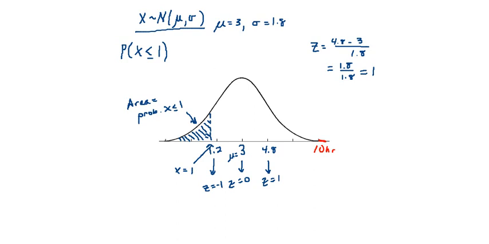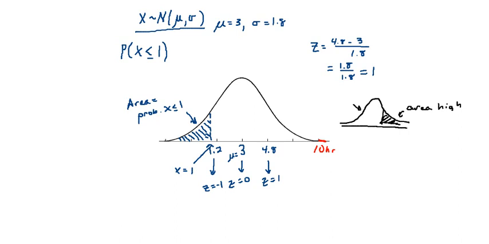Right? What we really want to do, if we want the area under the curve that's to the right of a certain point, let me just draw a curve right here to exaggerate the situation. Let's say that I want this area up here. I'll call it the high area.